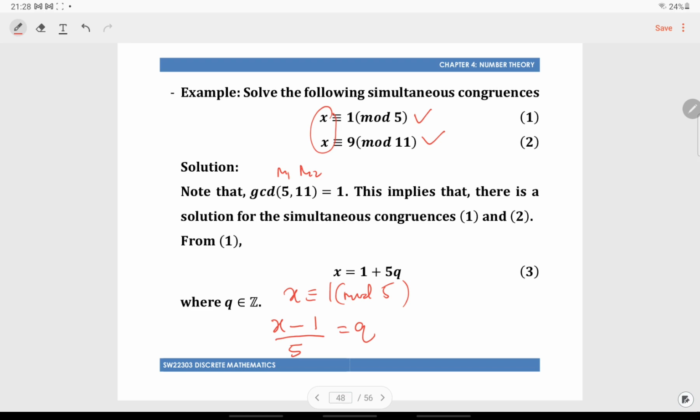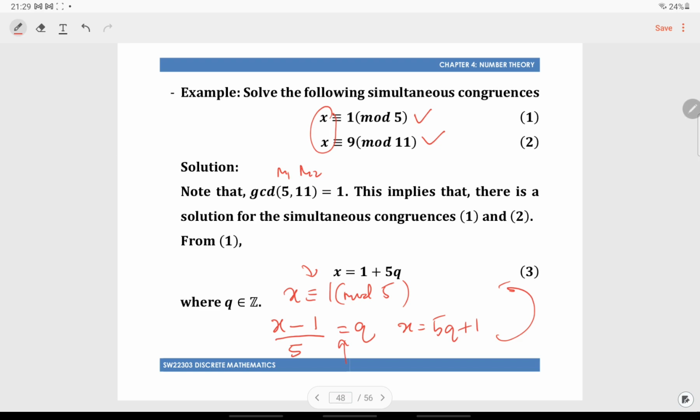If you can see here, from congruence it now becomes an equation. So we rearrange this equation for X, so we have X equal to 5q plus 1, just exactly equation number 3. So that's how we convert from congruence to equation: we go back to the definition of congruence relation.